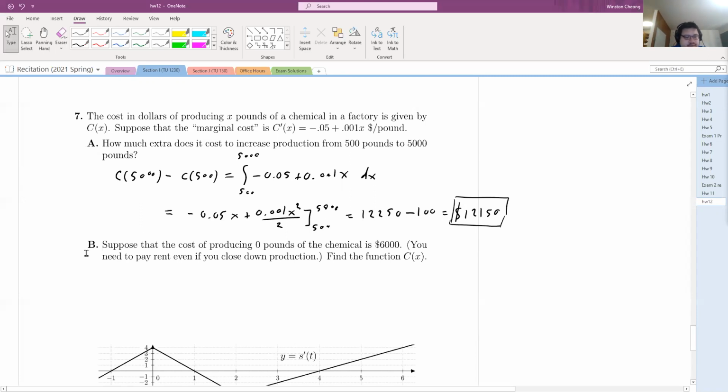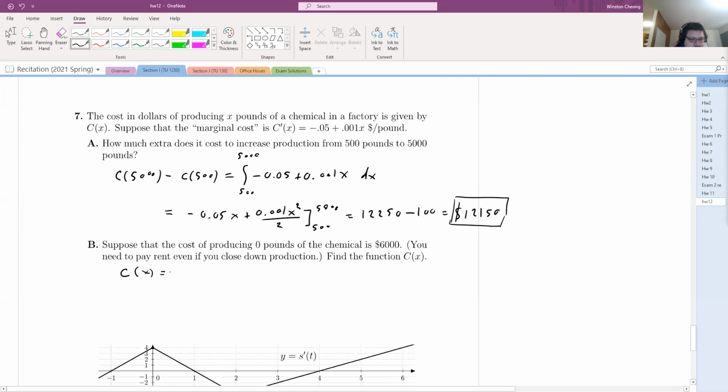And then part B: suppose the cost of producing 0 pounds is 6,000. Find the function for C. That's related to the first, definitely. The only thing is we're not dealing with the subtraction and we don't have a definite integral anymore.